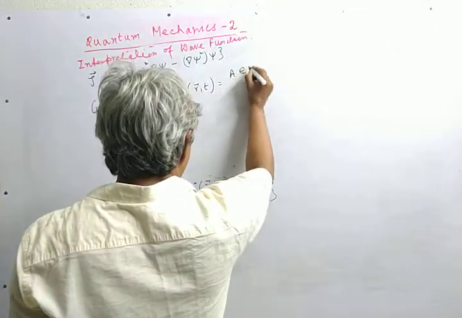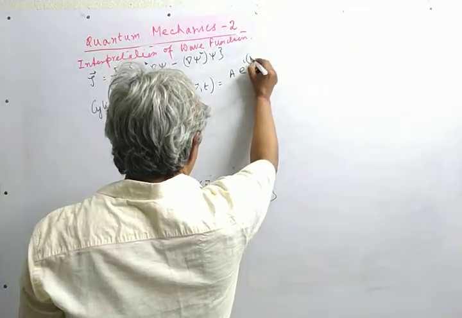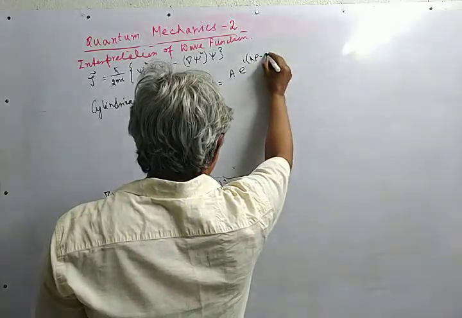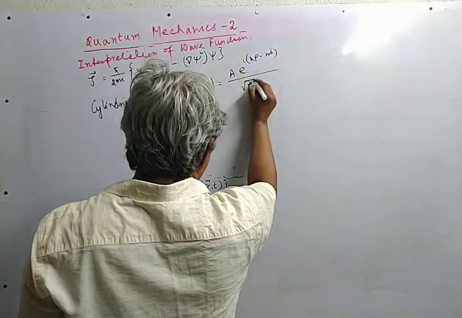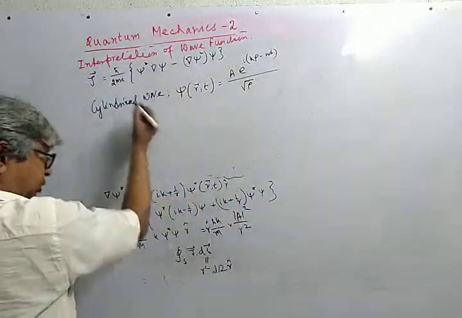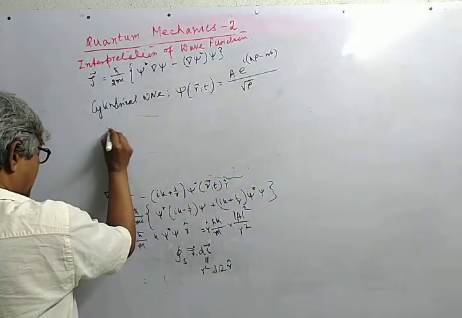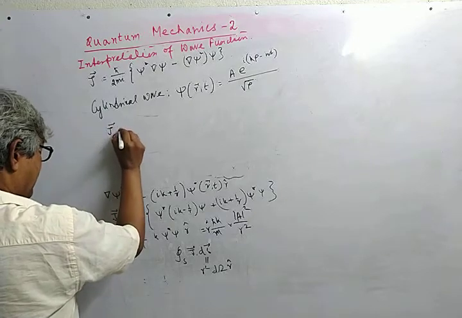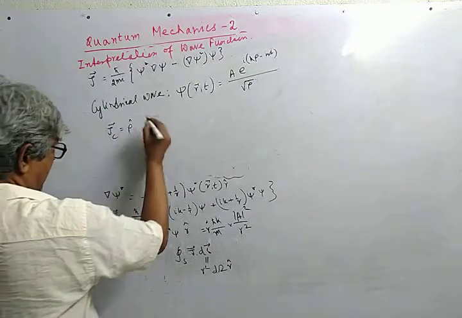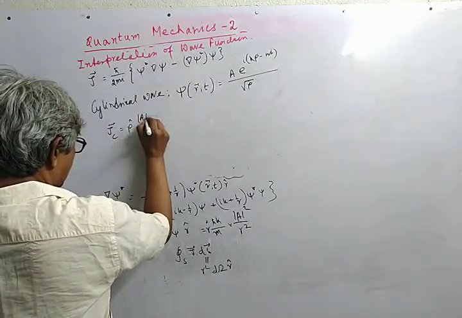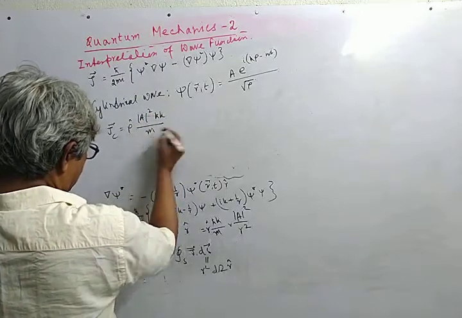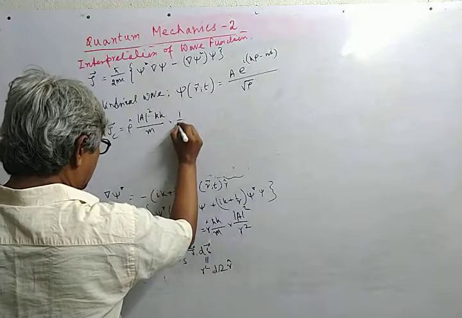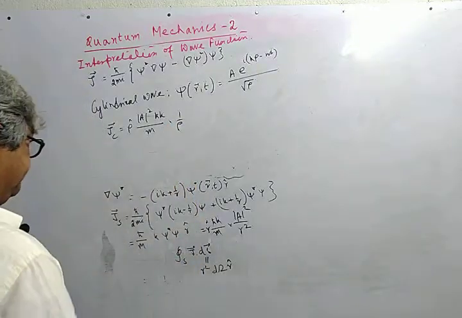So e to the power i(k rho minus omega t) by root rho is the wave function, and proceeding similarly we arrive at a flux proportional to one by rho.